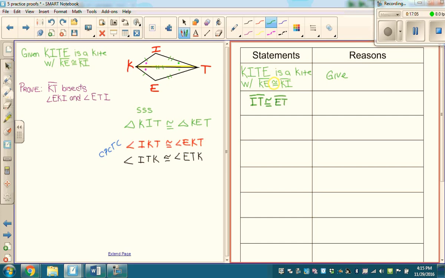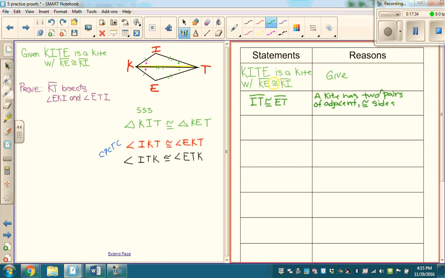And so a kite has two pairs of adjacent congruent sides.